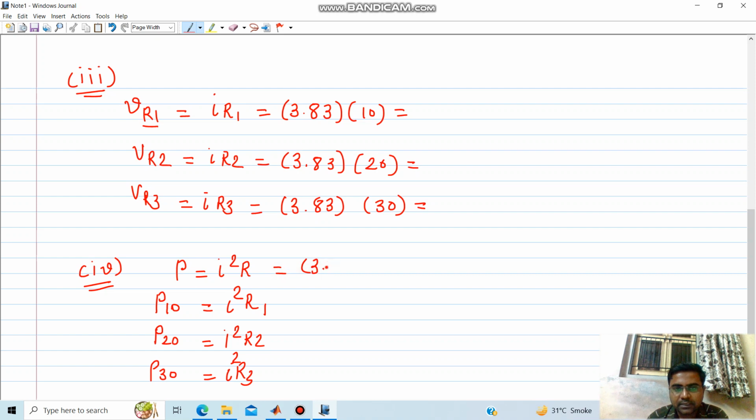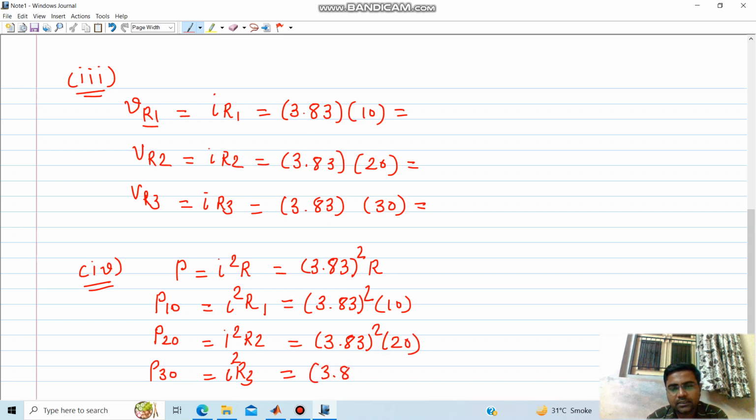Now it is I, 3.83 square, into R, right? R in the first case is 10 ohm, in the second case 20 ohm, and in the third case 30 ohm. So after calculation you will get the power loss across R1, R2 and R3.